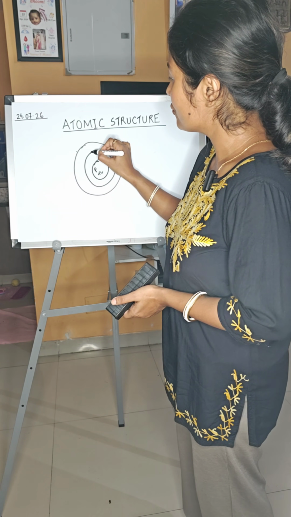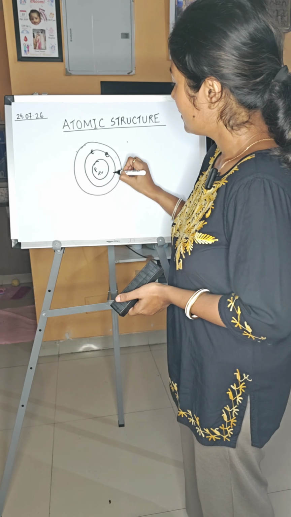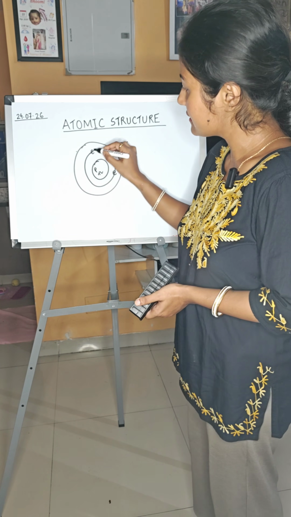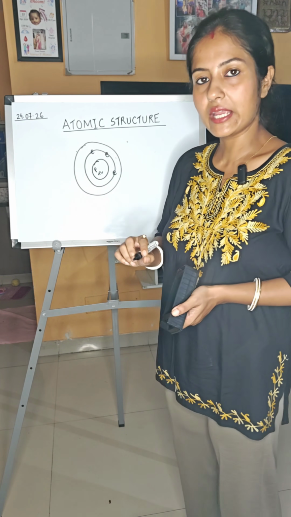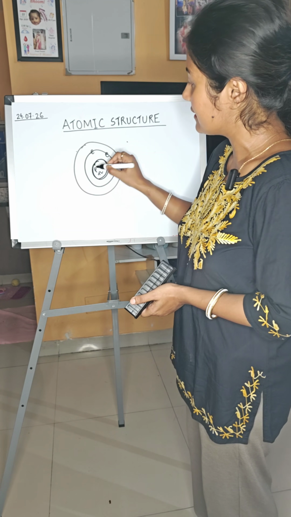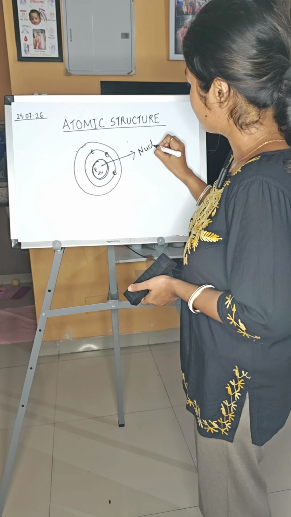And the electrons will be revolving around the protons and neutrons in circular orbits. So these circular orbits are called shells, and the protons and neutrons rest in the nucleus. So the center of the atom is called the nucleus.